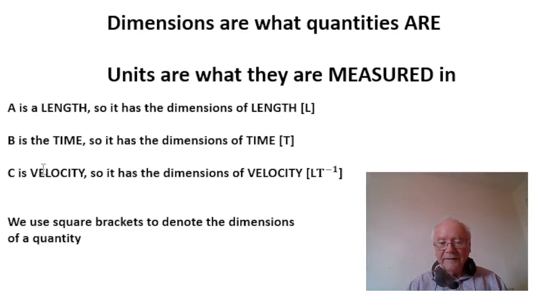B is the time, and this has the dimensions of time, and therefore I represent it by a capital letter T. C is the velocity. This has the dimensions of velocity, and the dimensions of velocity are length divided by time, which we represent here as LT to the minus 1. Again, in square brackets.